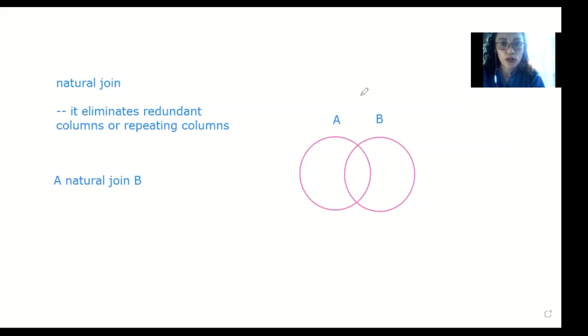You will include all the values in A, also the common values between A and B, and all the values in B. So all of them appear, except that repeating columns are eliminated. Okay, so let's try to have an illustration.